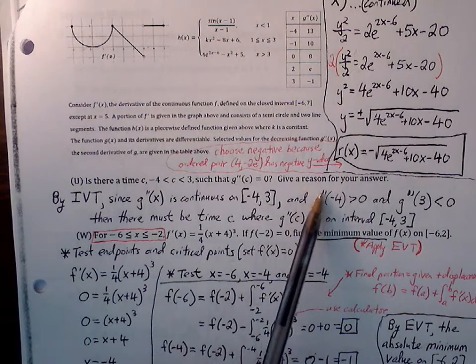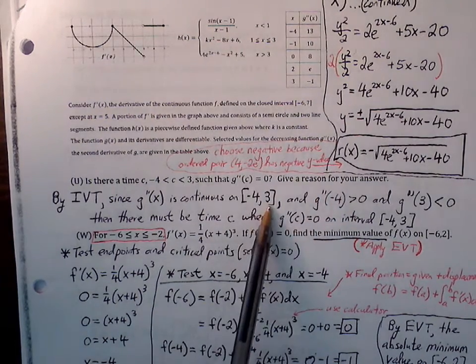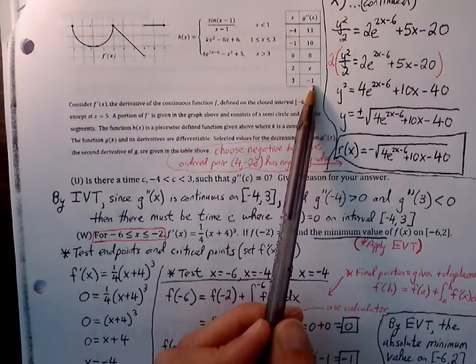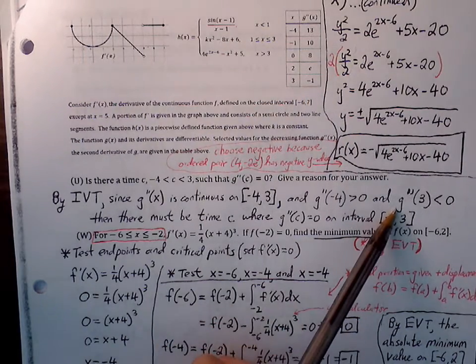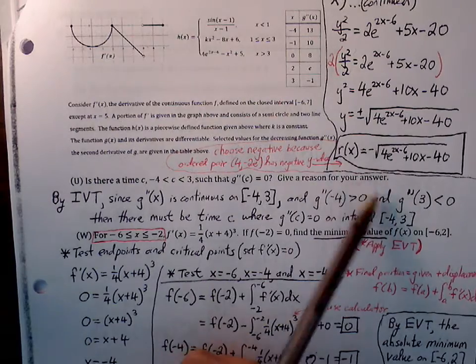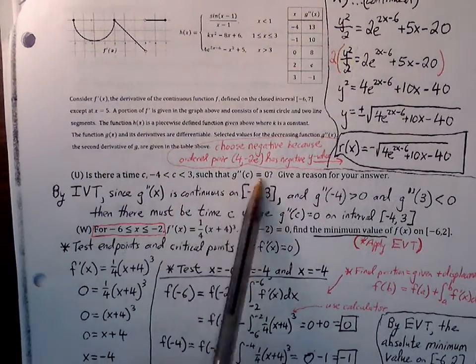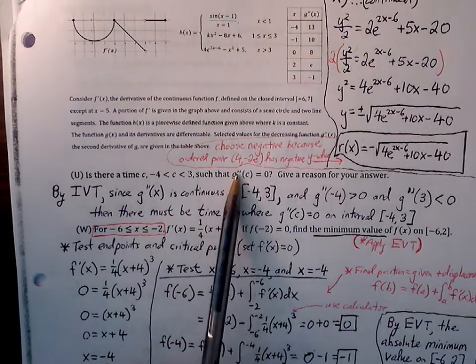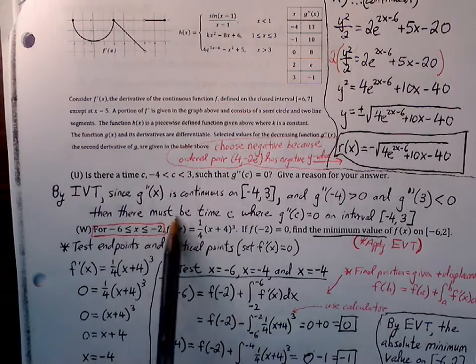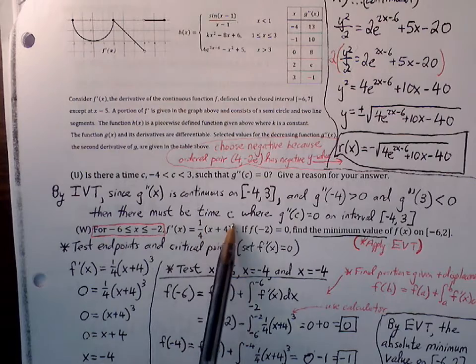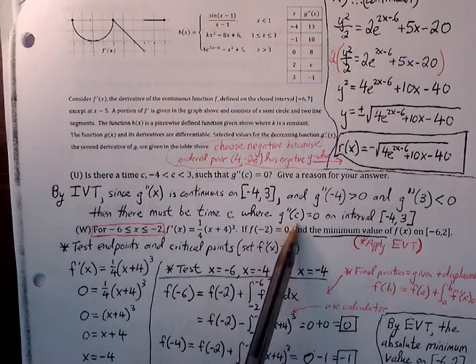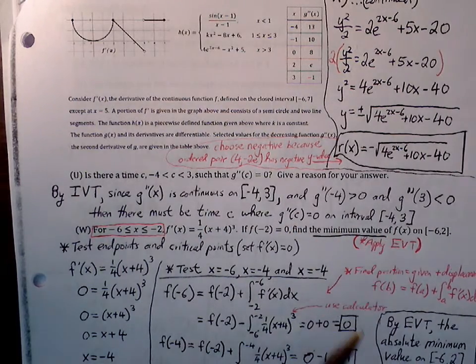So we're starting at a point above 0, and then at 3, it's going to dip down to negative 1. So it's going to go from 13 to negative 1, and if it goes from 13 to negative 1, it has to cross through 0 if the function is continuous. So we can guarantee that between negative 4 and 3, there must be at least one c value where g double prime is equal to 0 on the interval from negative 4 to 3.